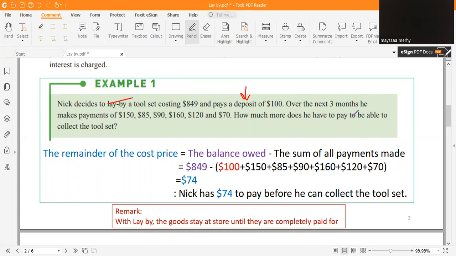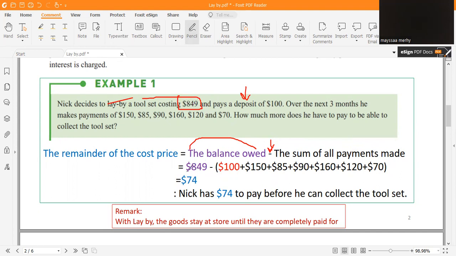If you want to compute the amount to pay to be able to collect the tool set, we subtract from the balance owed, which is the cost of the tool set, the sum of all payments made, including the deposit, because the deposit is a payment made in the first place.